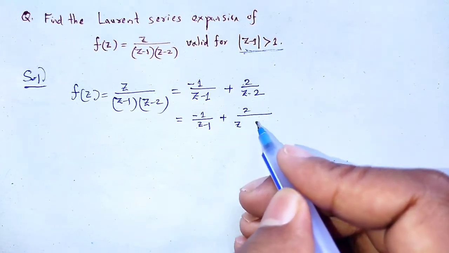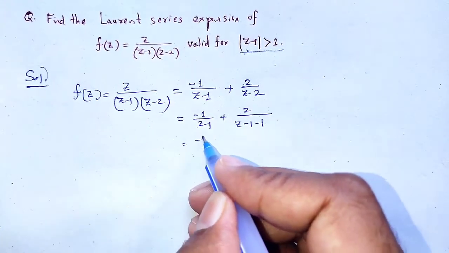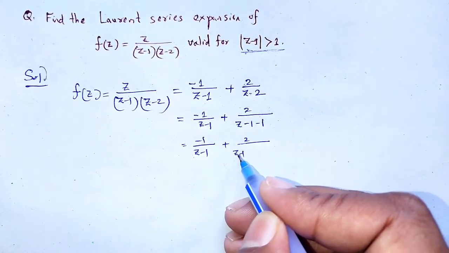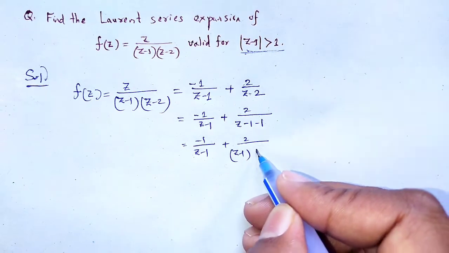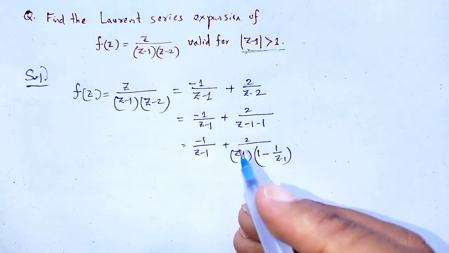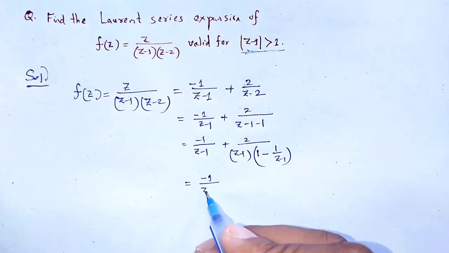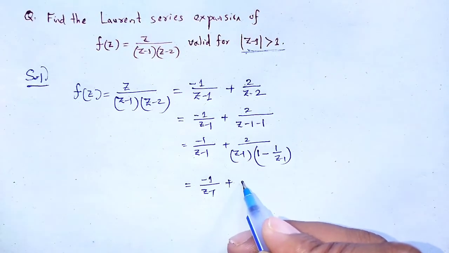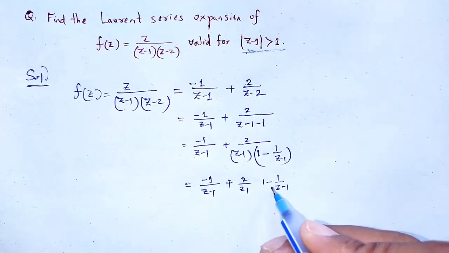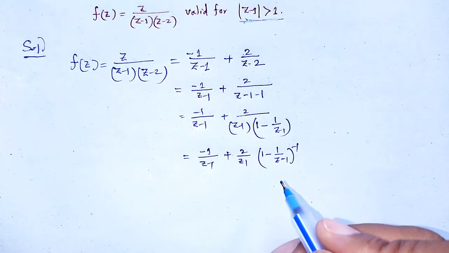Here z minus 2 is written as z minus 1 minus 1, there will be no such change. Minus 1 divided by z minus 1 plus 2 divided by, taking z minus 1 as common, 1 minus 1 divided by z minus 1 in the denominator, that is, 2 divided by z minus 1, 1 minus 1 over z minus 1 to the power minus 1, that term is expanded just like the binomial theorem.